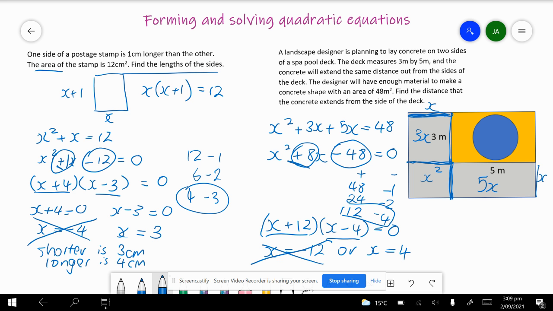So the distance must be 4 metres. Just go back and check that you've answered the question. The question asked you to find the distance that the concrete extends from the side of the deck, and that was either this bit or that bit, which is just x, and we've worked out x to be 4 metres, so we've got that right.